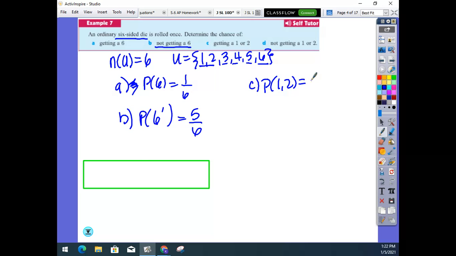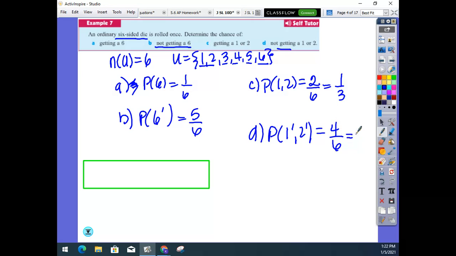There are 2 of those. 2 out of 6 can reduce down to 1/3. Not getting a 1 and not a 2: there are 4 of those, and 4 out of 6 can reduce to 2/3.